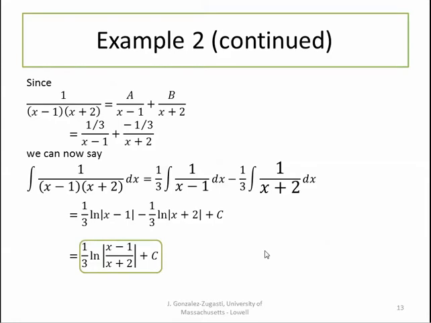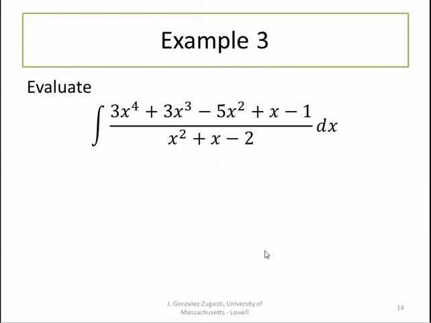All right, that wasn't too bad. Let's do another one. Let's do this one. Here we have 3x to the 4th plus 3x cubed minus 5x squared plus x minus 1 being divided by x squared plus x minus 2. And this is a great rational function. The only problem is it's an improper rational function. Notice that the degree of the numerator is 4 and the degree of the denominator is 2.